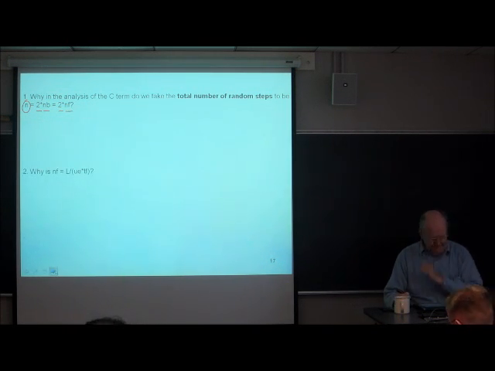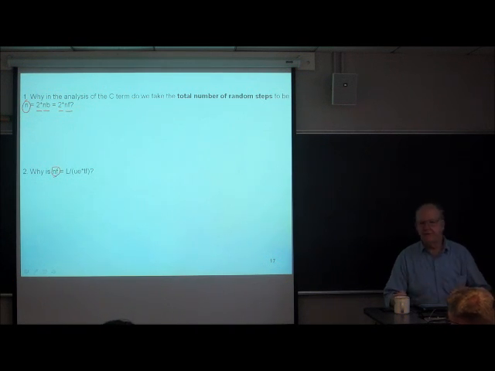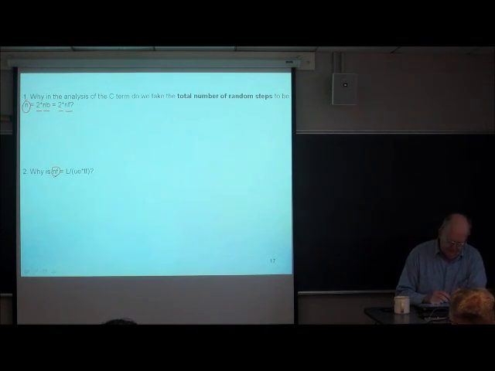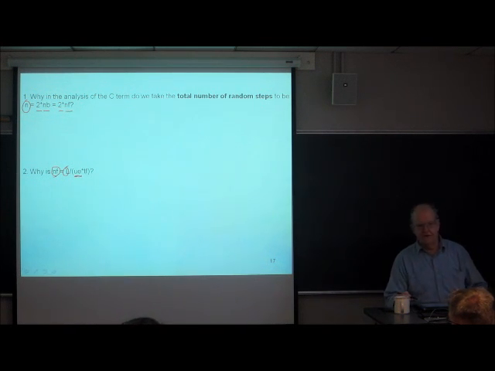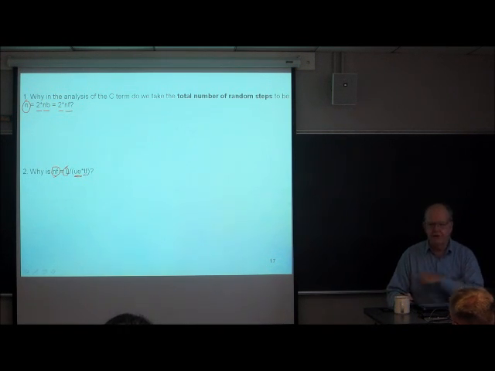In the same derivation, we estimated the number of forward steps as being equal to the length of the column divided by the average interstitial velocity times the time it takes to do a single forward step. Why is this valid?